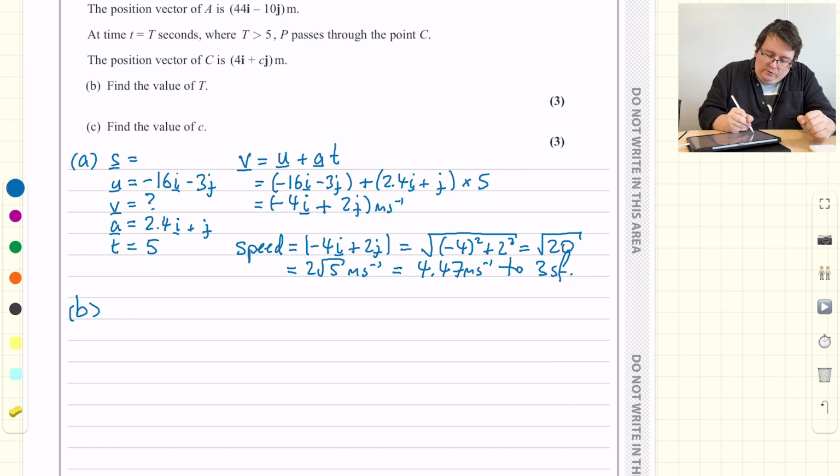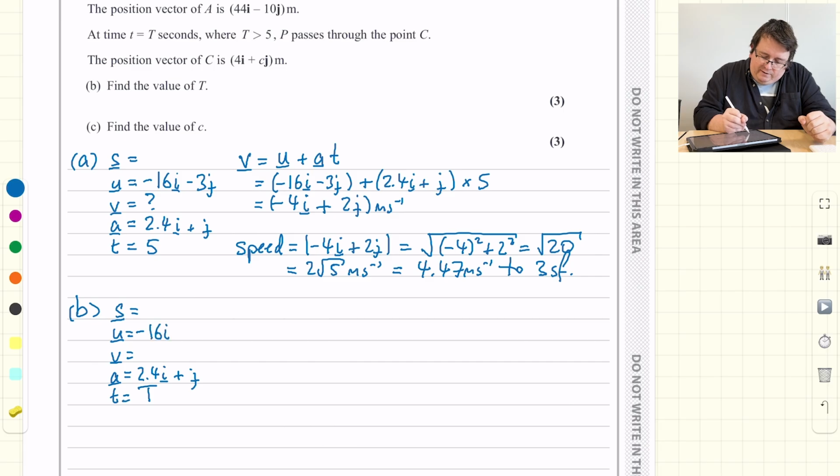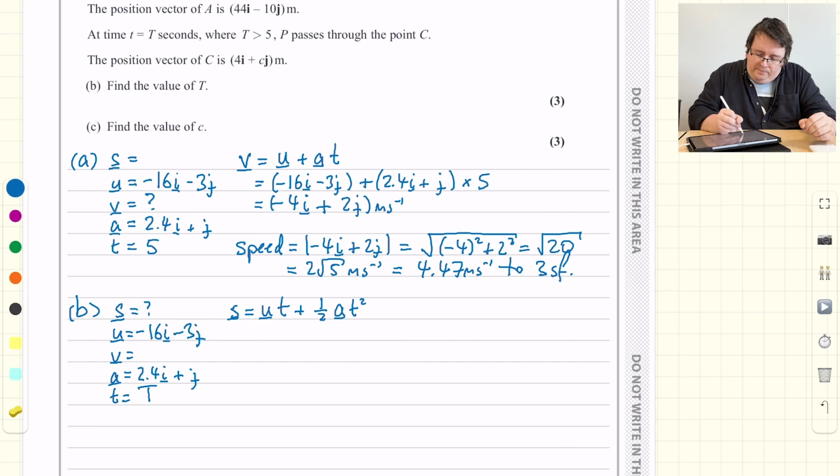Okay, so let's rewrite our suvat here, because we're working at capital T here. The acceleration is 2.4i plus j, and the initial velocity is still minus 16i take away 3j. So now we'll talk about position vectors. We want to work with the displacement. So we want to work out that displacement. S is equal to ut plus a half at squared.